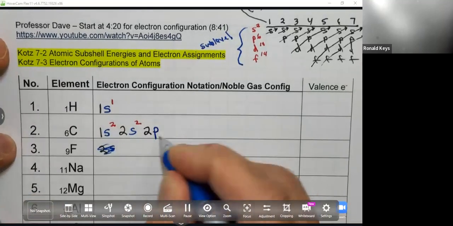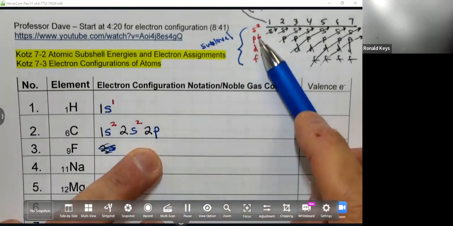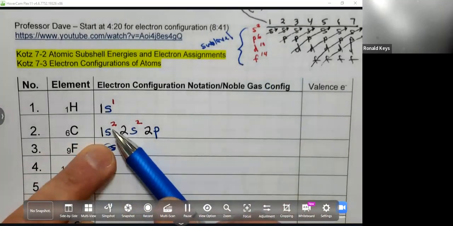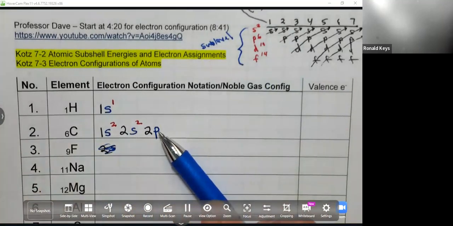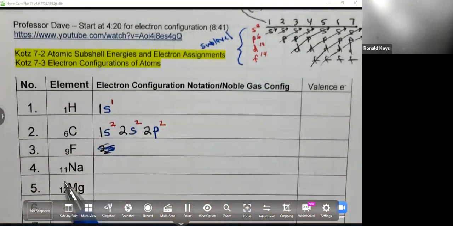How many could I put in here if I needed to? I can go up to 6, right? But I'm not going to put 6 in there. Carbon only has 6 electrons. So far, I've got 2, 4. I only need to put what up there? 2p2, right? So carbon is 1s2, 2s2, 2p2.